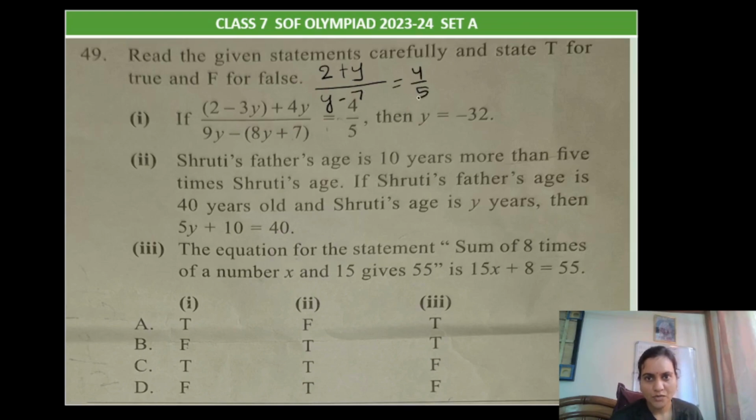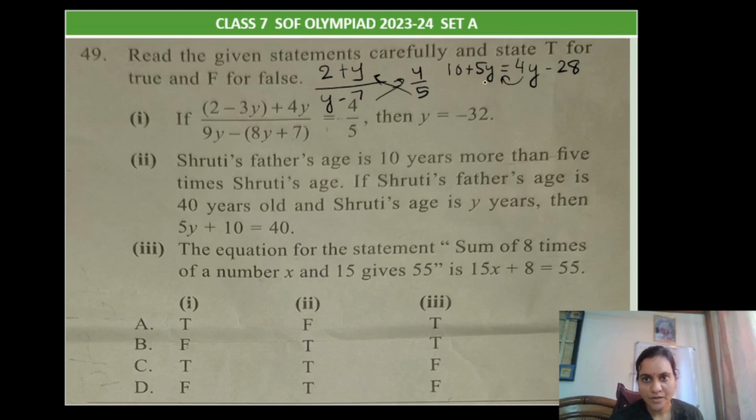So if I'm going to solve this, I'll just cross multiply. So 5 into 2 plus y. If I do, it will be 10 plus 5y. Next step, equal to 4 into y minus 7. So it will be 4y minus 28. So I'll bring this 4y to this side and I'll take this 10 to the other side.